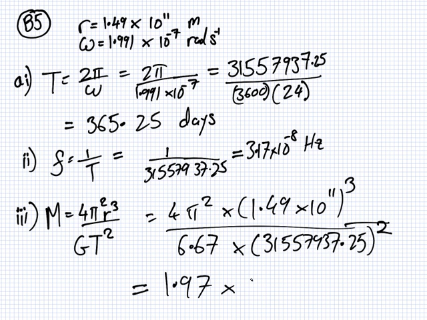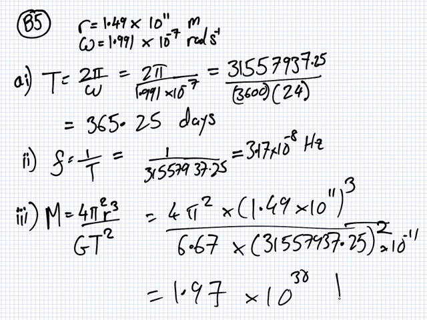Ten to the 19. Okay, I thought it was going to be bigger, but I do remember the 1.97. Oh, sorry, I forgot something in my formula. Keep that answer. I forgot G is 6.67 times 10 to the minus 11. So if we add 11 to 19, we get 30. So it's 1.97 times 10 to the 30 kg.